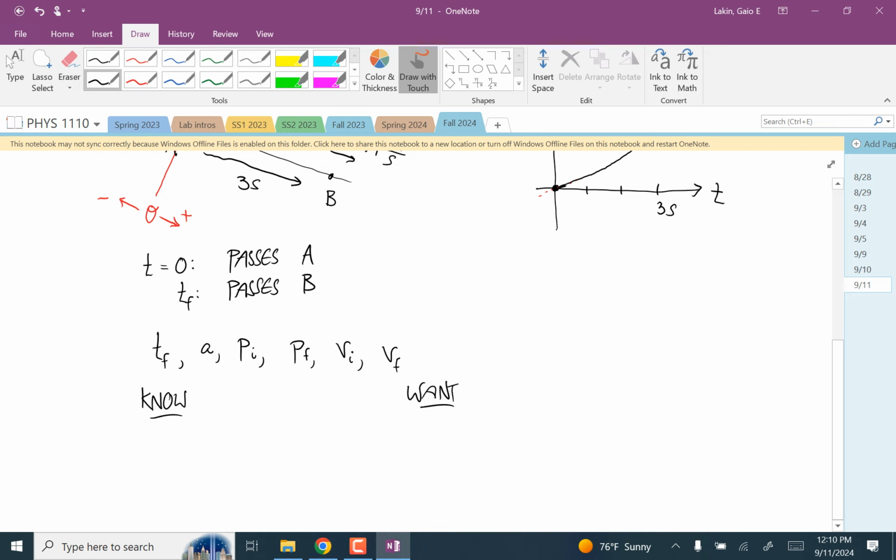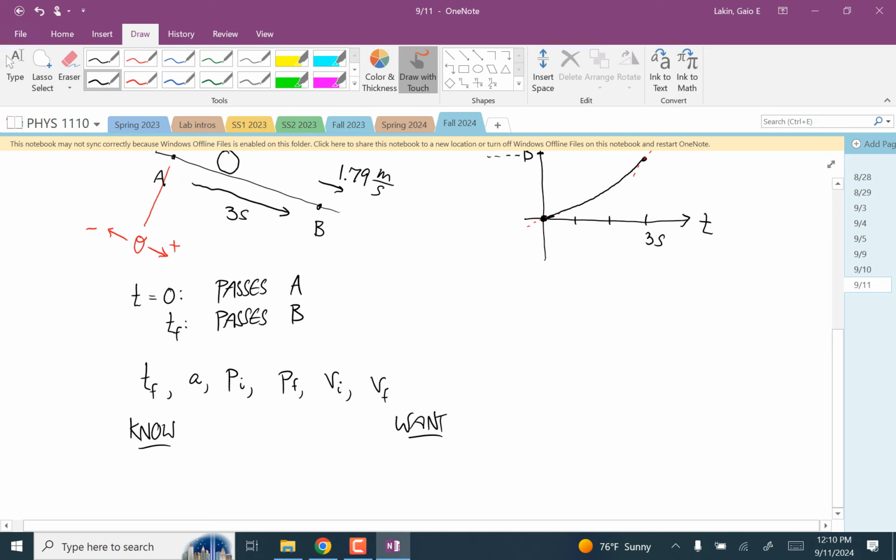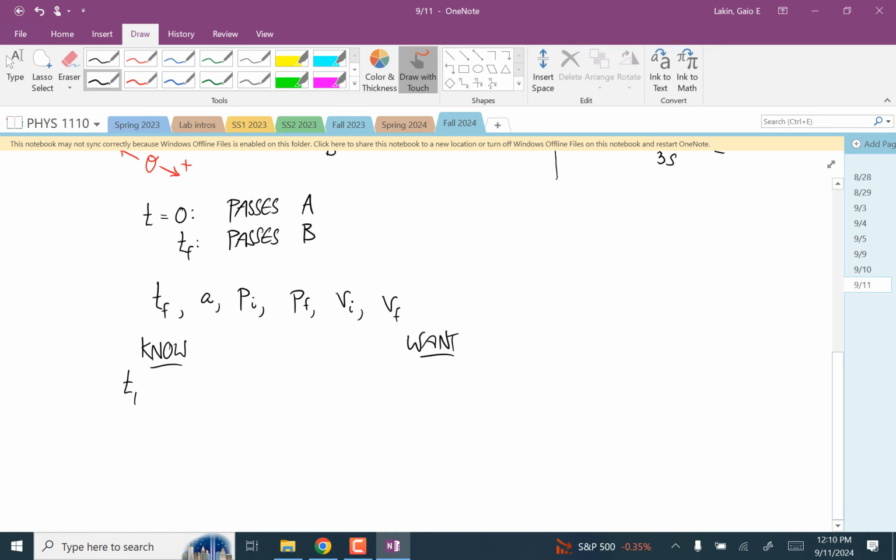Okay, when we click the stopwatch off, when the ball reaches the point B, do we know what it's going to say? What is it? Yep, 3. So time final is 3 seconds. Do we know what the acceleration is? No, we're not asking for that though, so we'll leave that blank for now.